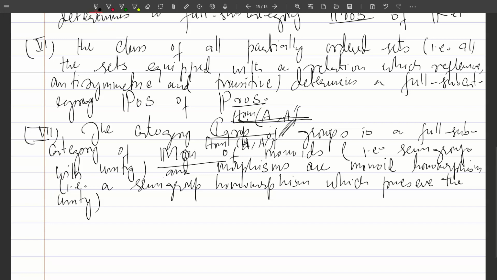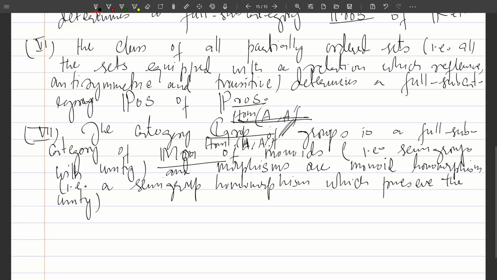So there is no distinction between these two sets.